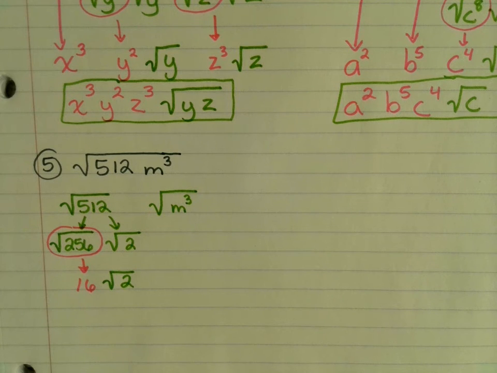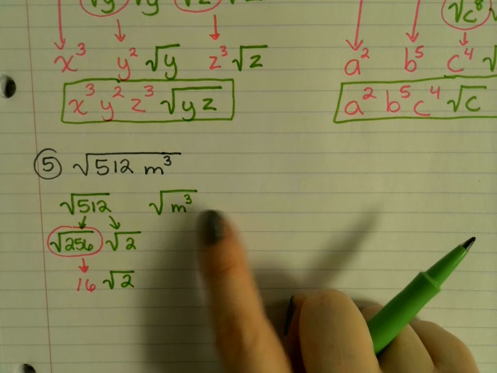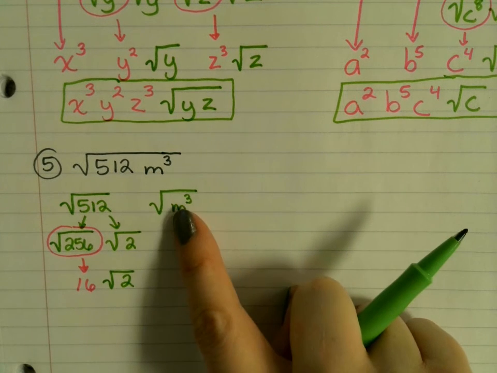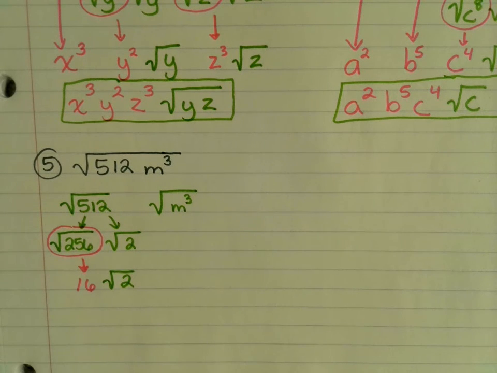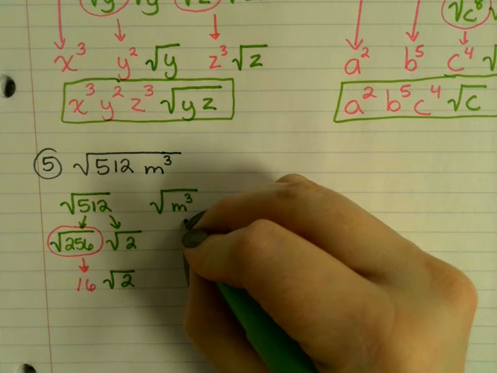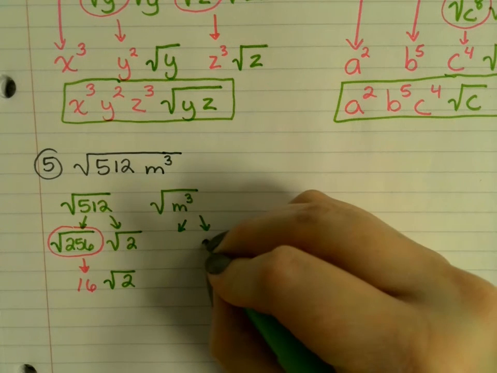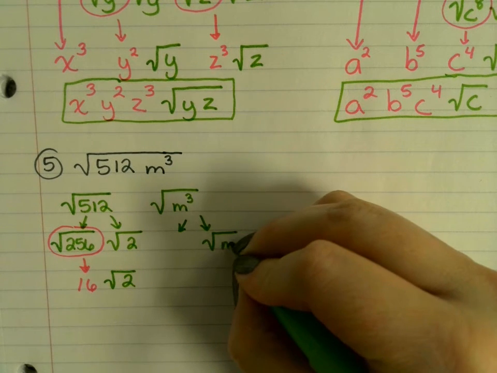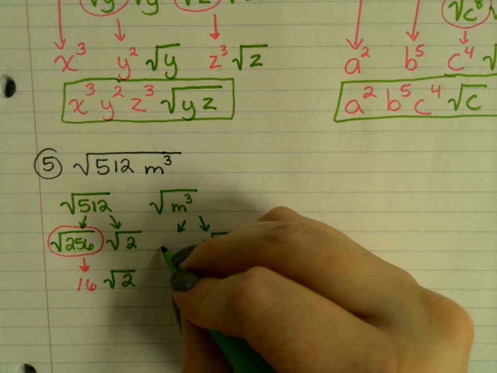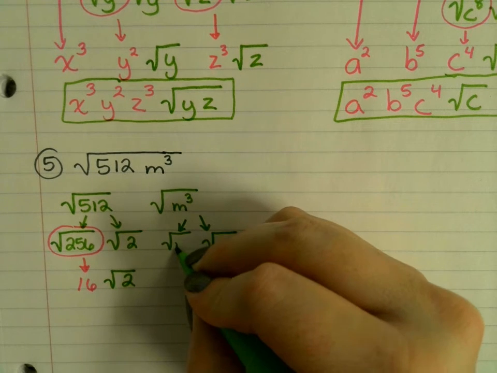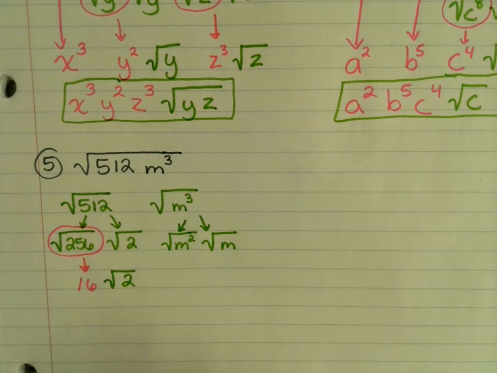Now we're going to focus on our variable, the square root of m to the third power. M to the third is not a perfect square, so I want to break it up where I remove one of the m's and put it off to the side. Then I'm going to have m squared remaining inside of that radical. M squared is a perfect square.